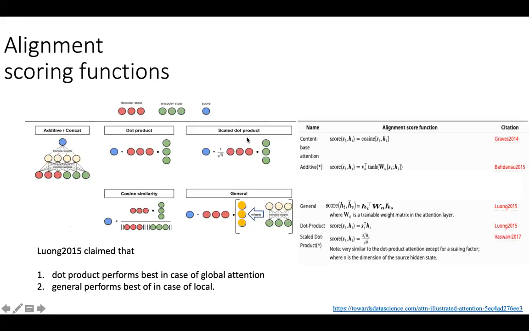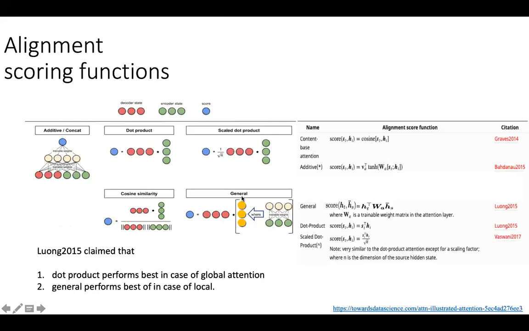In the scaled dot product, we just scale the dot product by the inverse of the dimension of the source hidden state. So if there are n units in the encoder stage output, then we scale it by that. The cosine similarity method computes the cosine similarity between the decoder hidden state output and the encoder output, and that gives us the score.